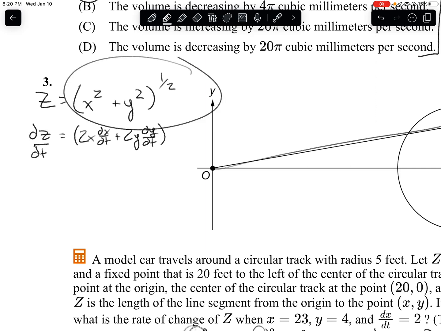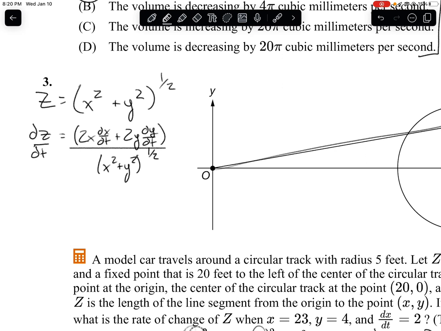Now I have to differentiate this portion, or I shouldn't say that. My bad. Let's rephrase that. I leave the insides, and then I bring down the power. Instead, I'm just going to put this down here. I want to make that look a little bit nicer. I'm going to erase the negative and make it a fraction.